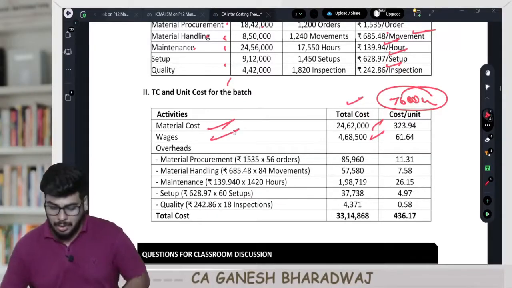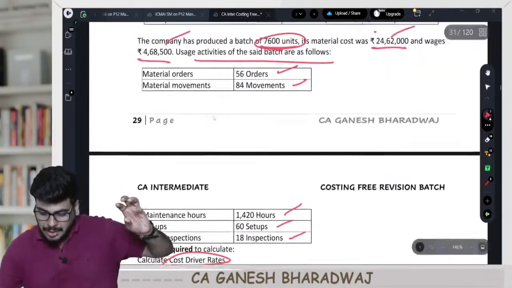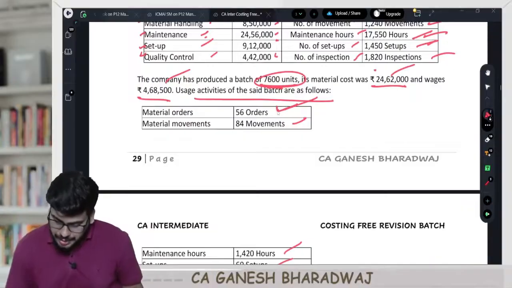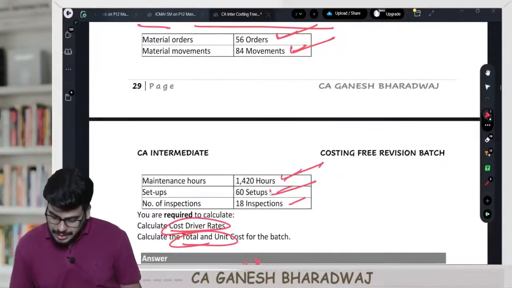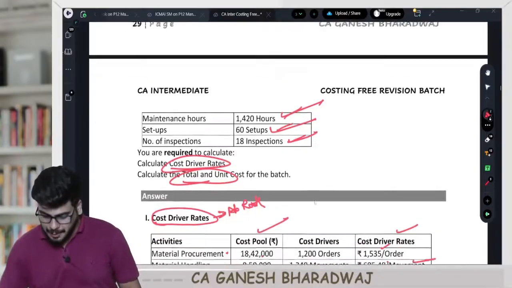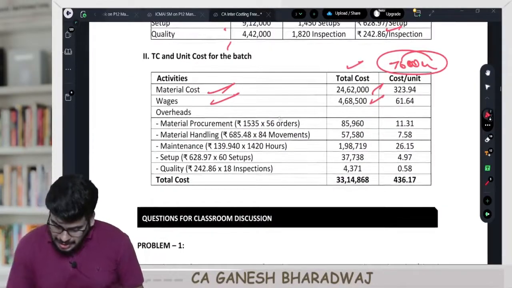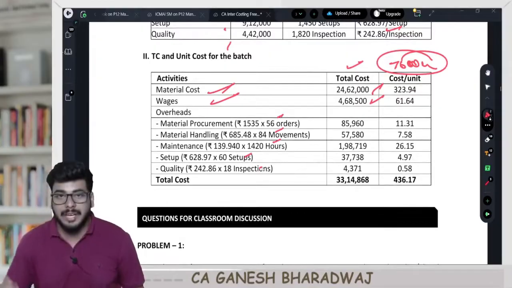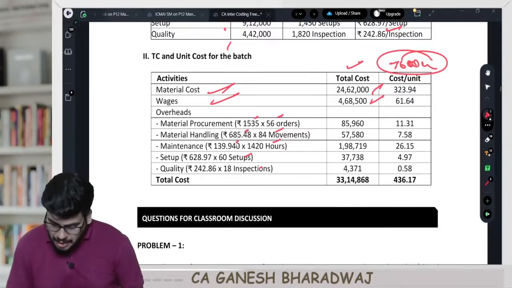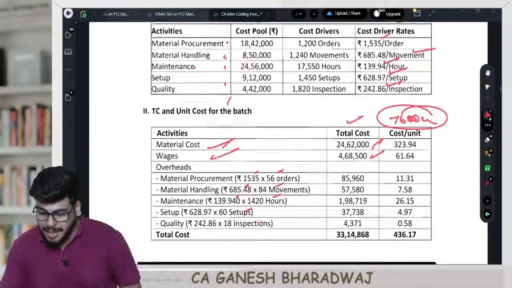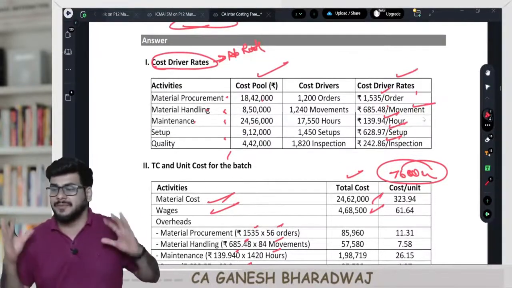Overheads, how will you calculate? This batch has consumed 56 orders, 84 movements, 1420 maintenance hours, 60 setup hours, and 18 inspections. So what you need to do is take the respective cost driver quantity consumed and multiply it with the respective cost driver rate we just found out here. You marry the figures. That's about it.